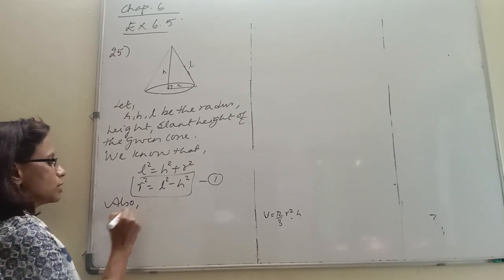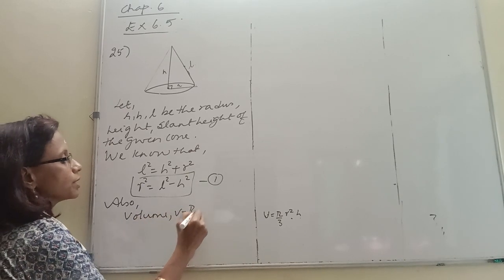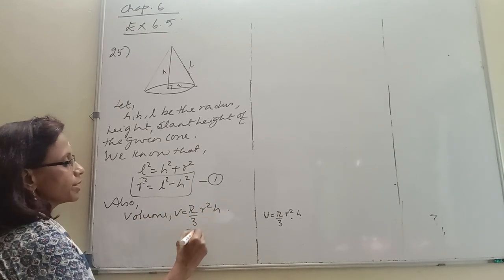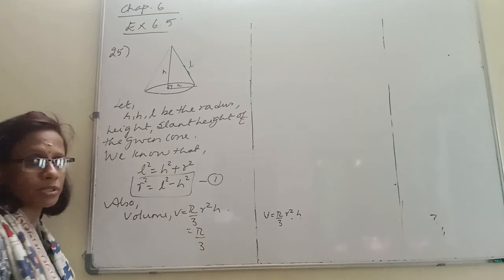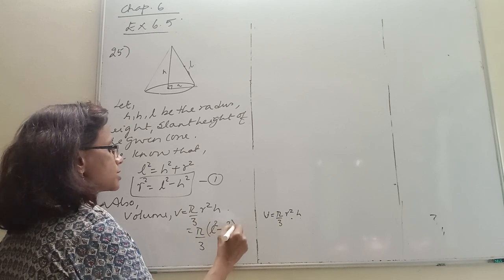What do we know about the volume? The volume V is pi over 3 r squared h. We are encountering this problem of two variables. So r squared from 1, we are substituting as l squared minus h squared.